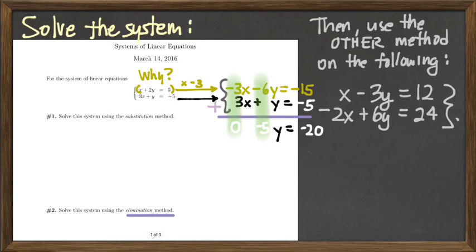But most importantly, my x's are all gone. My single variable that remains is just y. -5y is equal to -20, and so we have a single variable equation. We can solve for y by dividing by -5 on both sides and getting y equals 4. Well, that sounds familiar. That was the same y that we got using the substitution method.